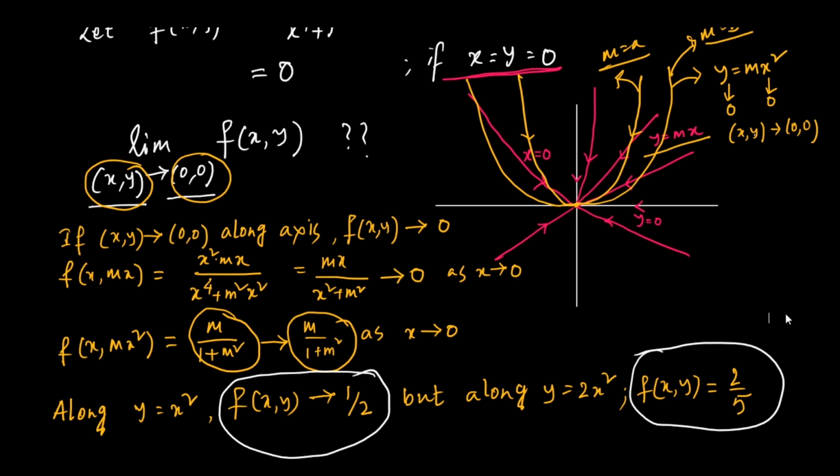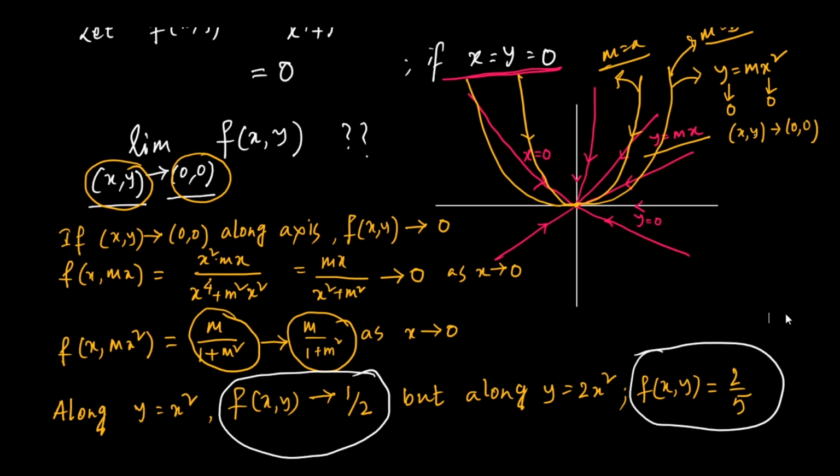So to prove non-existence, our task will be to find that family of infinite number of curves where you get different approach points for the function when the variable point moves to the limiting point.